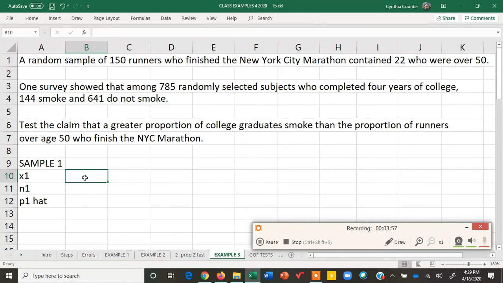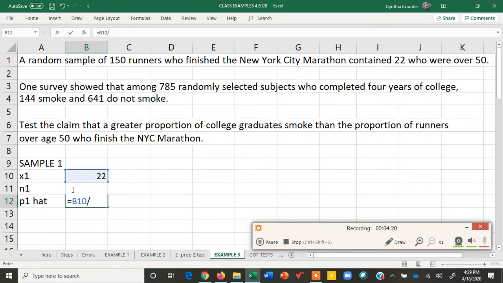So the number of successes, the number of runners who finished the marathon who were over 50 years old, was 22, and our sample size was 150 runners. So p hat is going to be x1 divided by n1.